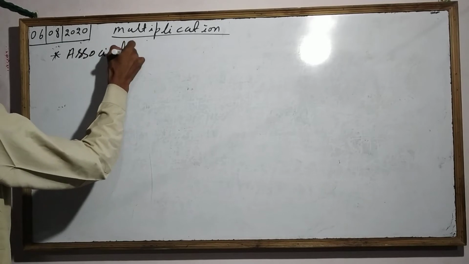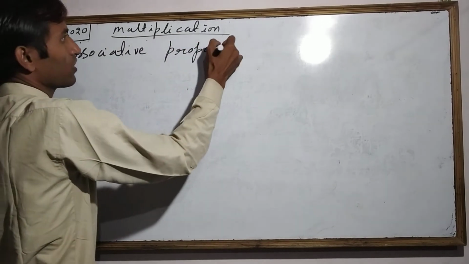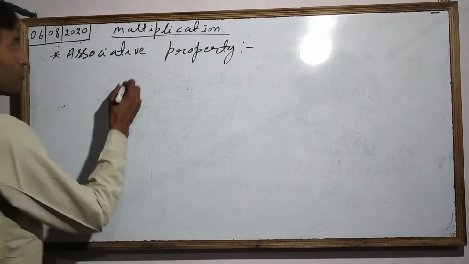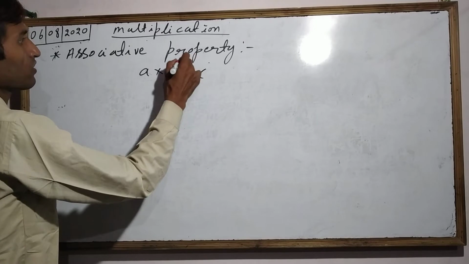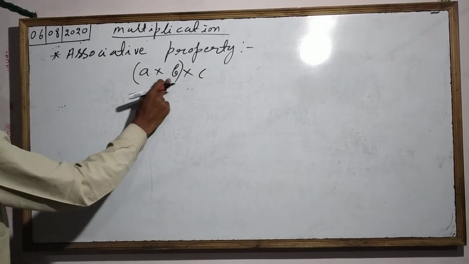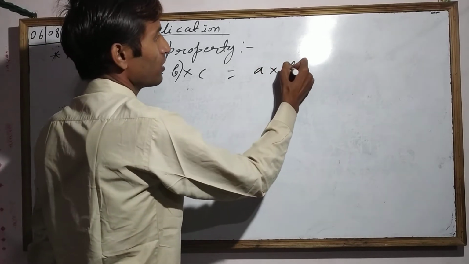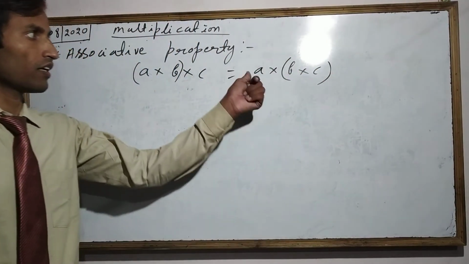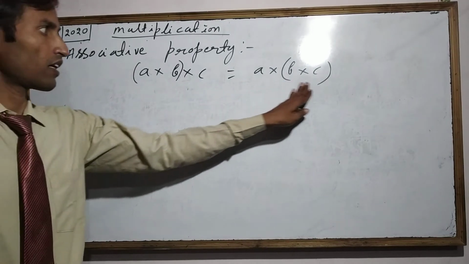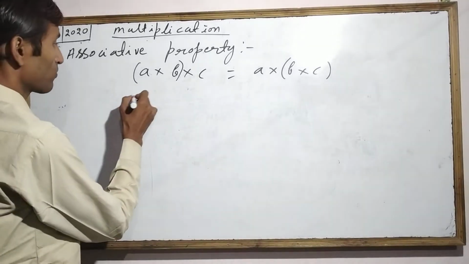Associative property means A into B into C. First of all we multiply A into B and then C, or in this one we first multiply B into C and then A. If LHS and RHS are both equal, then we can say it follows the associative property.